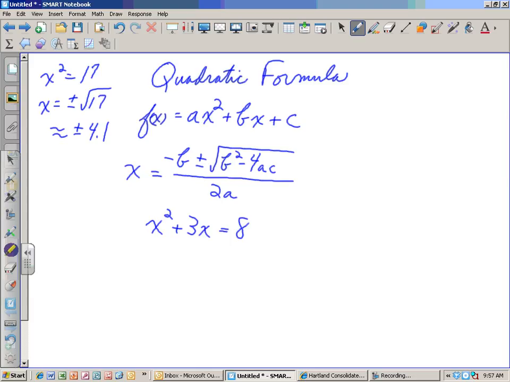You know what? It's not hard, but if you completed the square, you'd have 3 over 2, and you'd have to use fractions. Let's see how this formula might work. First of all, we're going to set the equation equal to 0 by subtracting 8 from each side. I've got x squared plus 3x minus 8 equals 0.